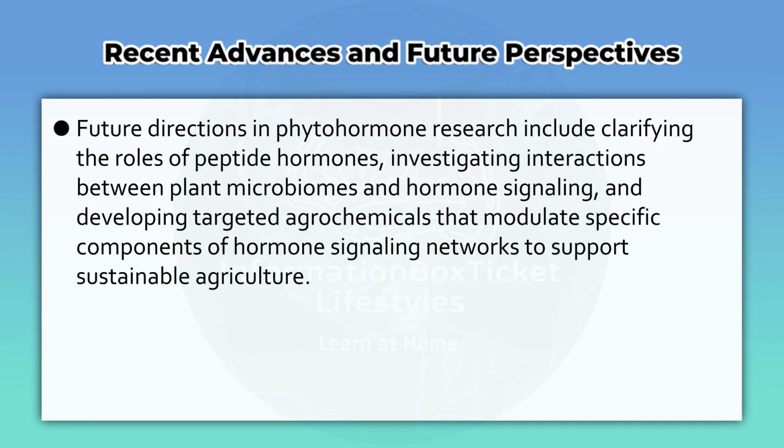Future directions in phytohormone research include clarifying the roles of peptide hormones, investigating interactions between plant microbiomes and hormone signaling, and developing targeted agrochemicals that modulate specific components of hormone signaling networks to support sustainable agriculture.